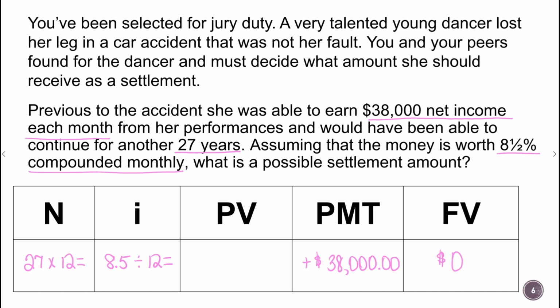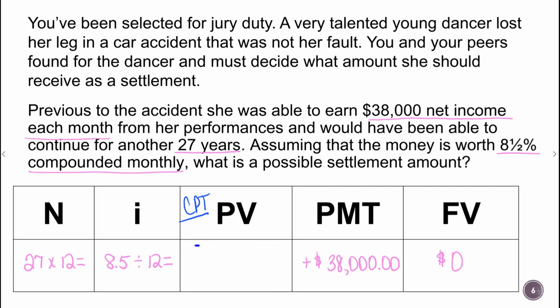Okay, so she's getting a payment. That's what we're looking at. If she's paid a payment of $38,000, basically how much money do we have to have in the account to support that, right? So that there's money to pay that. We are going to compute present value, right? So we're going to put a circle for this one.